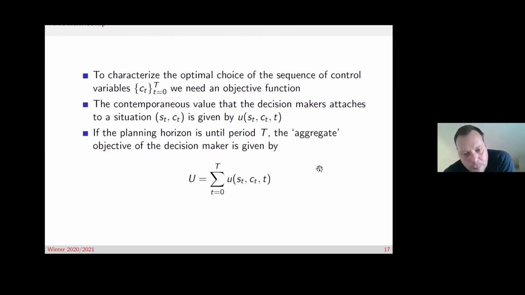So in this very simple sense, the plan that the decision maker wants to pick maximizes just the sum of the contemporaneous rewards, the reward for every point in time over the planning horizon.